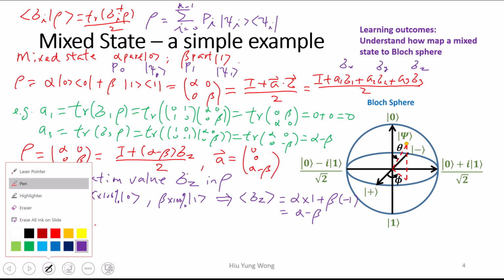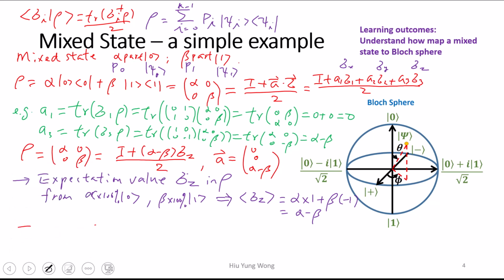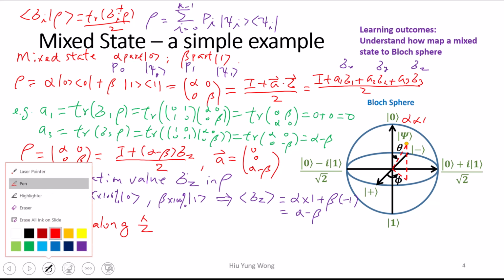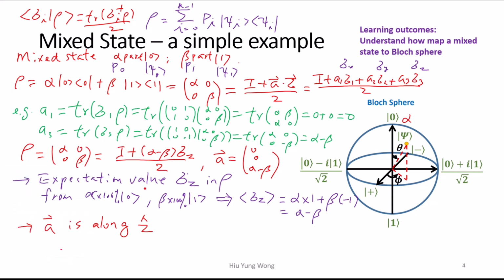Then I just say that this A vector is along the Z axis, right? Because now this Bloch vector is telling me that I have a location, like let's say I have alpha times 100% of 0, right?